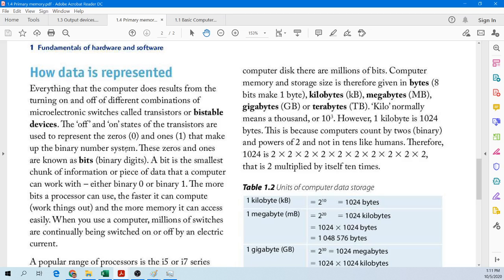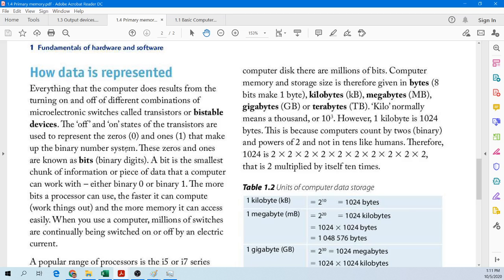Yes, sir. Everything that the computer does involves functioning on and off of different combinations of microelectronic switches called transistors or bistable devices. The on and off states of the transistors are used to represent the zeros and ones that make up the binary number system. These zeros and ones are known as bits, binary digits.